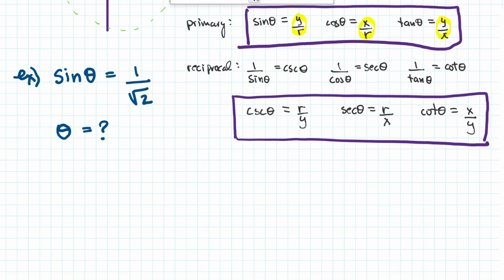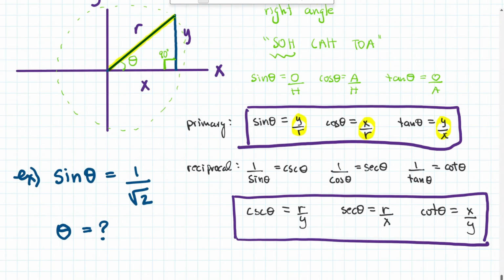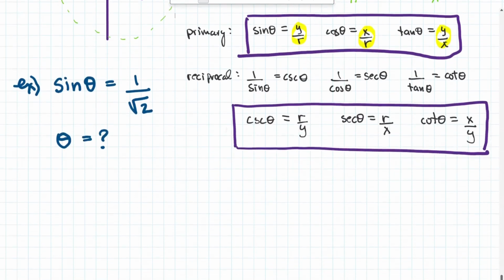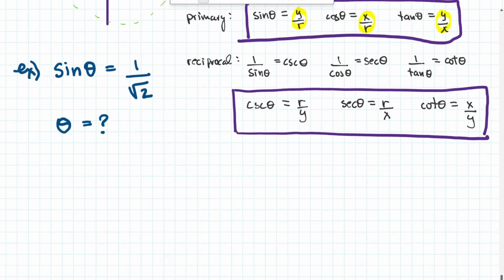For this example, and to relate it back to our unit circle, we're going to restrict our answer to the first quadrant where our triangle is. So theta has to be greater than 0 and less than or equal to 90 degrees.